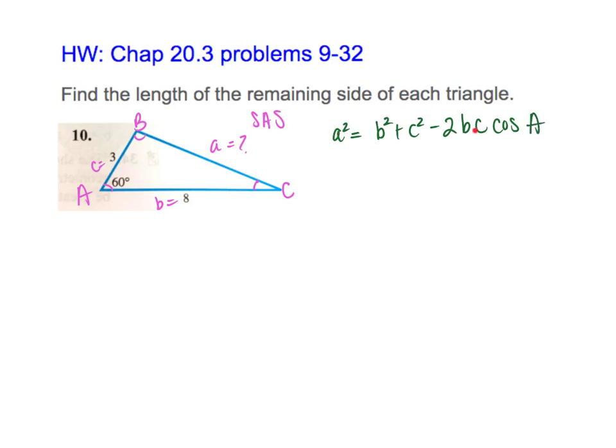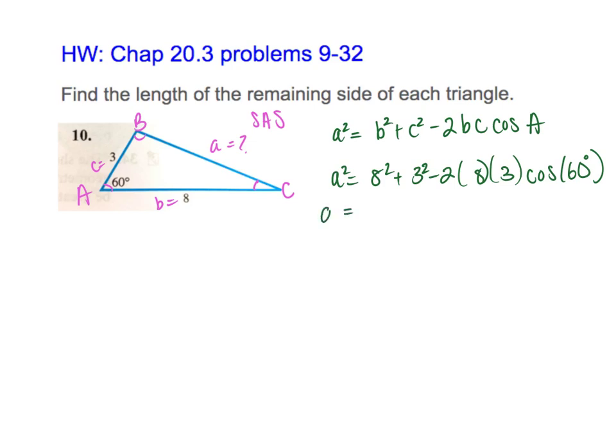So I'm going to plug in everything that I know in this formula. I have an a squared, don't know what that is. b squared is 8 squared, c squared is 3 squared, minus 2b c, which is 8 and 3, and then from there, I need to multiply this by cosine of 60 degrees, because that's my angle.